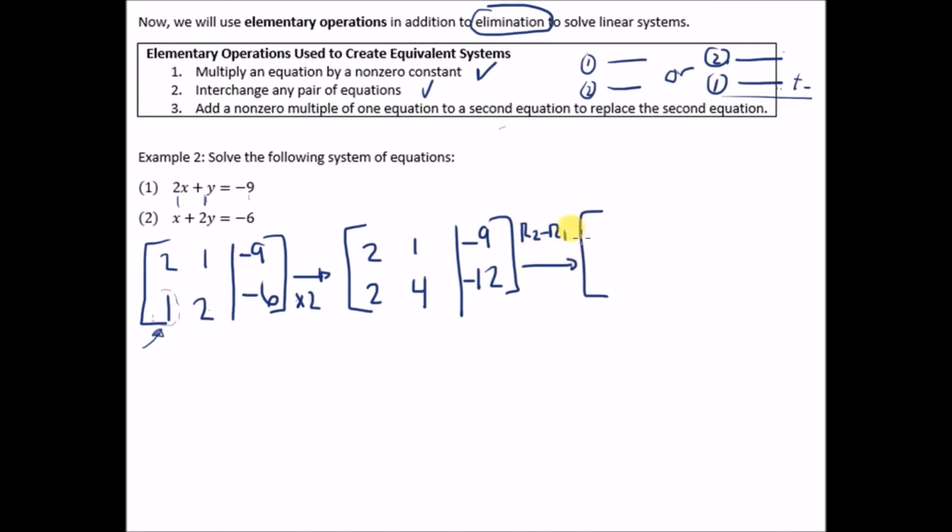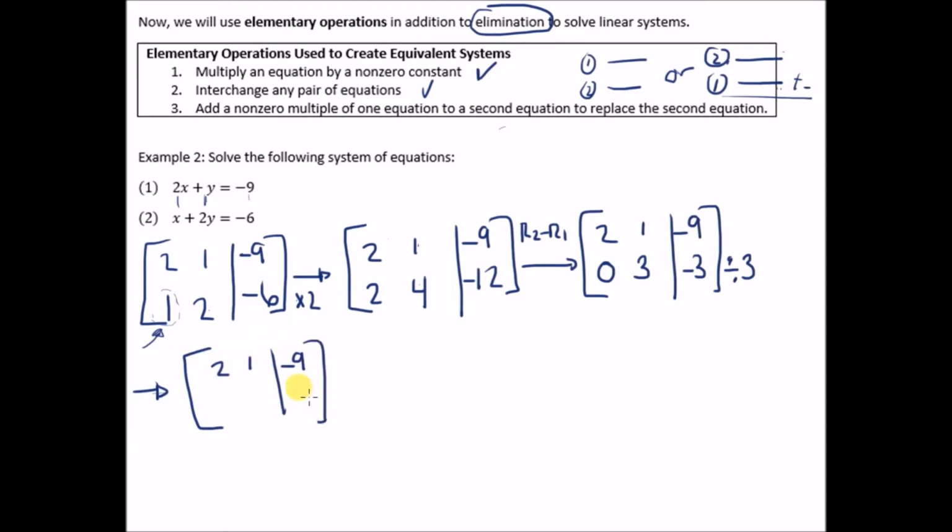I keep row 1 as it is, 2, 1, -9. And now I go 2 minus 2, which is 0, 4 minus 1, which is 3, and -12 minus -9, which is -12 plus 9, I get -3. To simplify, I'm going to divide this last row by 3, just so they're smaller numbers. So I get 2, 1, -9. We actually haven't even touched the first row, and 0, 1, 1.